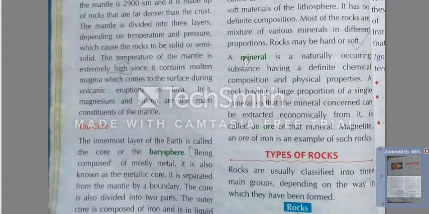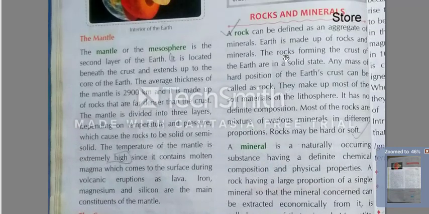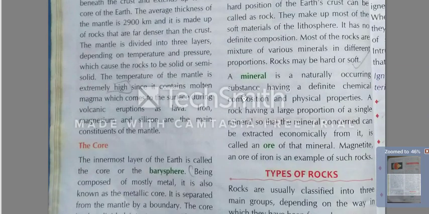Now we will talk about the minerals. In the starting, in the third para or second line, I told you about the minerals, and here they again describe the minerals. A mineral is a naturally occurring substance having a definite chemical composition and physical properties.